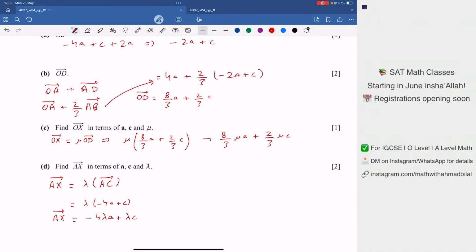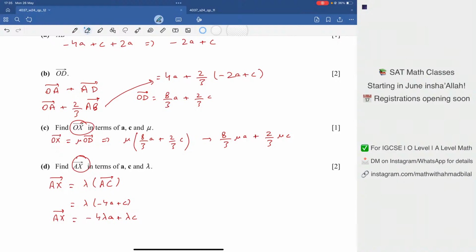So what we have done is we have found OX in terms of mu here, and we found AX in terms of lambda. How do we connect the two? This is OX, this is AX. Can we find either OX in terms of lambda or AX in terms of mu?